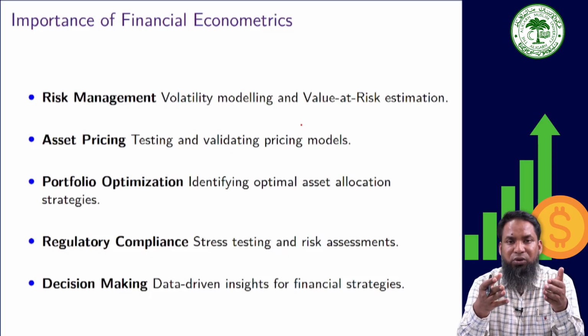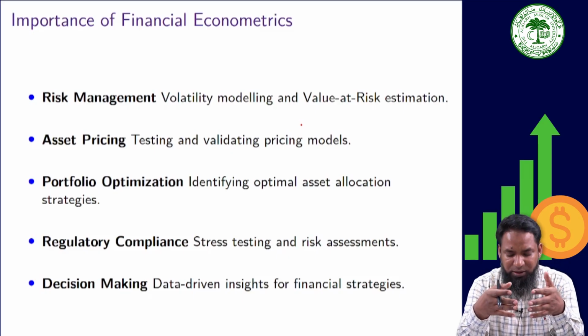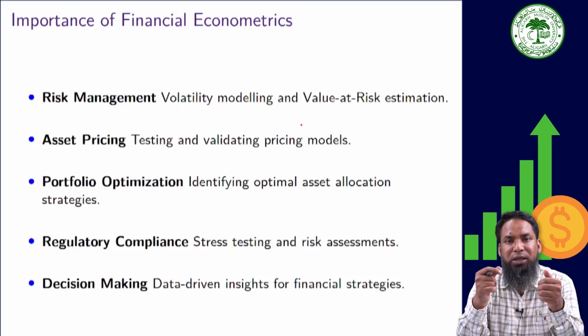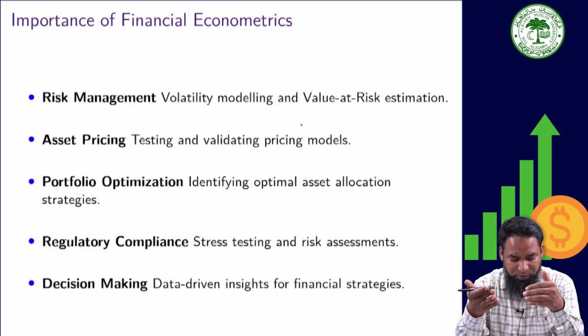Those are what we talk about in terms of asset pricing, and financial econometrics helps us verify or validate the different pricing models. Then portfolio optimization: financial econometrics helps us identify optimal asset allocation strategies and the risk of that particular portfolio.